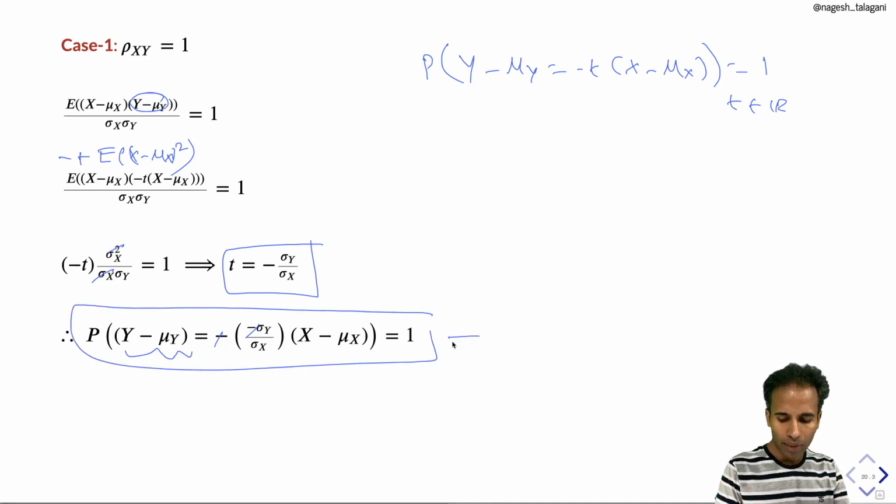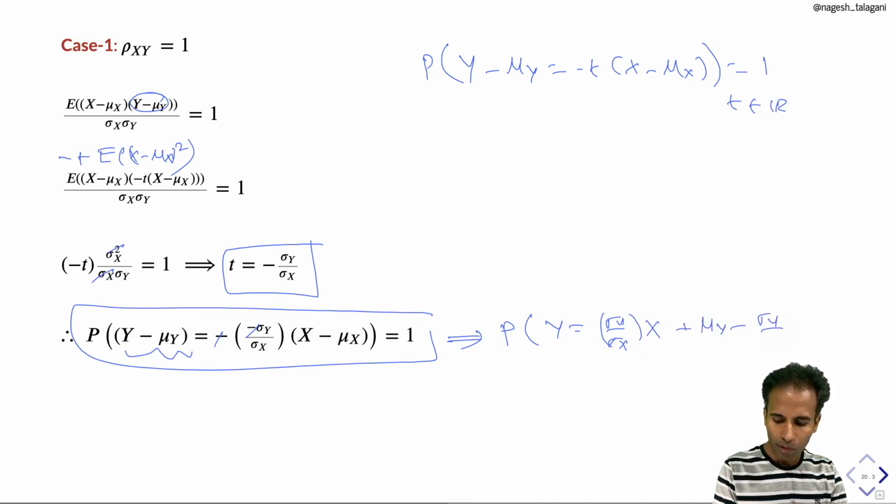Okay, so I can also write, if I take minus mu Y this side, probability of Y equal to sigma Y by sigma X times X plus mu Y minus sigma Y by sigma X times mu X equal to 1.